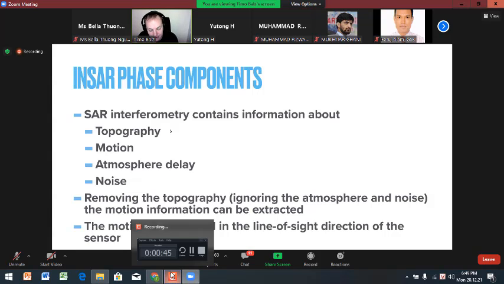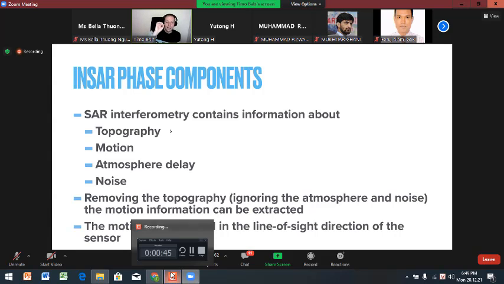The noise, not really, it doesn't matter. All of them together give you the unwrapped phase, but what you measure would be the wrapped part of that.